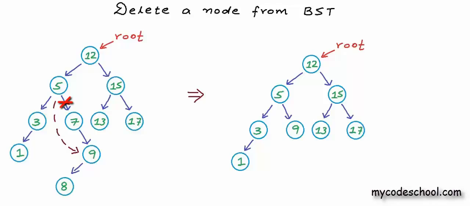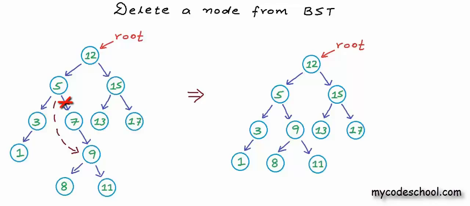We are left with only one choice. We can only have 8 here. In right we can have something lesser than 12 and greater than 5, 7 and 9. All in all between 9 and 12. Okay, so if the original tree was this much, after deletion this is how my tree will look.